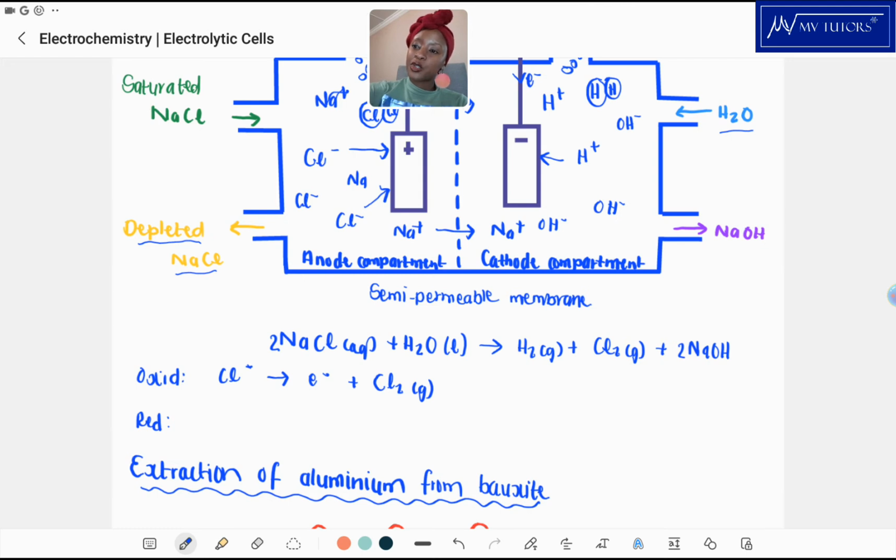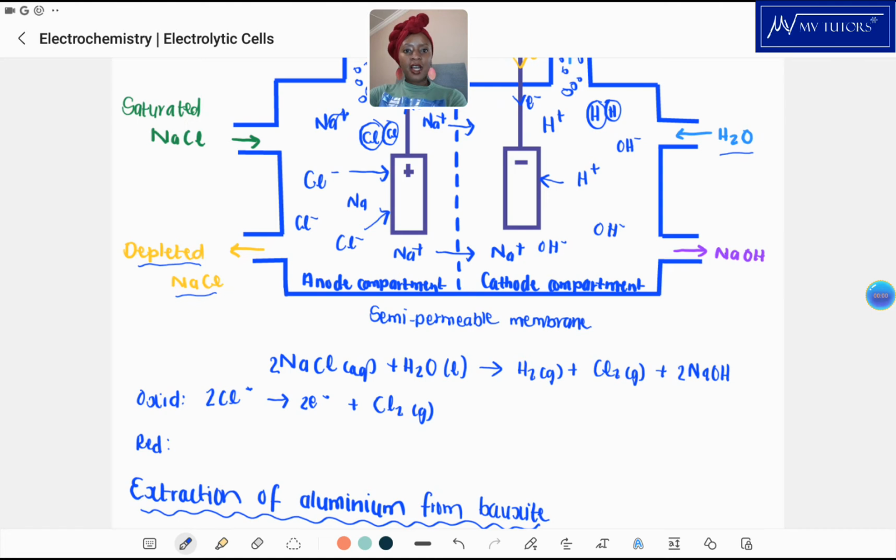So now we need 2 chloride ions, and as a result of that, we're going to need 2 electrons. Okay, so I hope you see how it's balanced, but it's written out for us, so you can just copy it from the table. Yeah, so that pretty much is what happens at the anode compartment. Okay, this is the half reaction that you are going to write down.